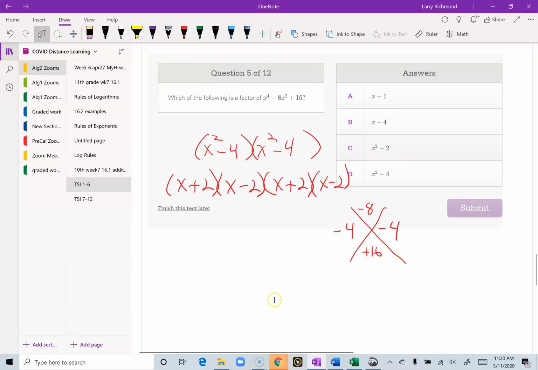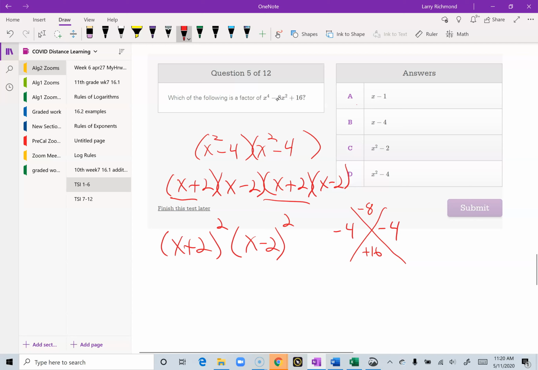Well, hopefully now you see you got 2x plus 2s. I could write that as x plus 2 squared. And I have 2x minus 2s. I could write that as x minus 2 squared. So, a couple different ways we can factor this one. It says which of the following is a factor?